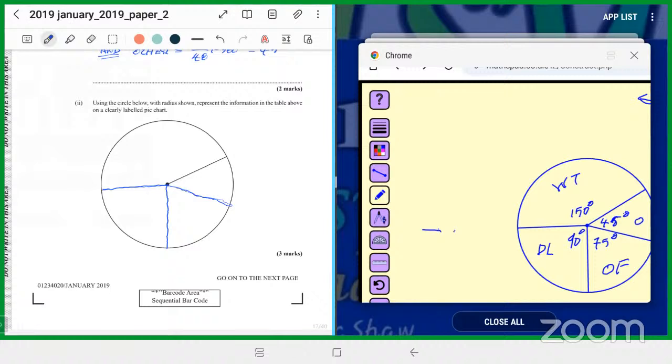Can't draw straight. Anyway, so this was Digilec. This was Wiretech. This one is O for other, 45 degrees, 150 degrees, 90 degrees, 75 degrees, and down here is O phone. So that's what it's supposed to look like on the paper.